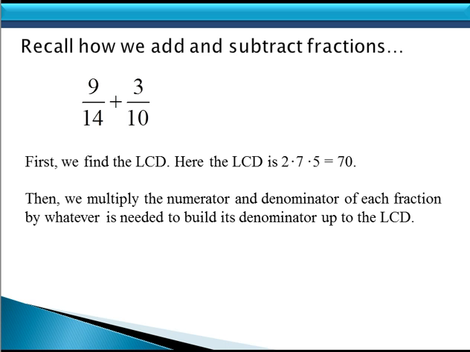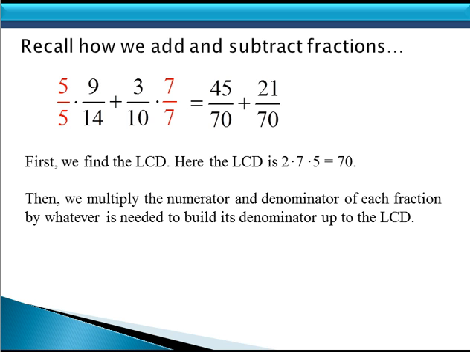The answer is 5, so we'd multiply that fraction, both the numerator and the denominator, by 5. What would we need to multiply 10 by to get 70? The answer is 7, so we'd multiply both its numerator and denominator by 7 to build its denominator up to the least common denominator of 70.